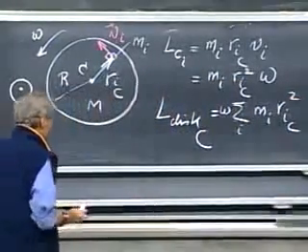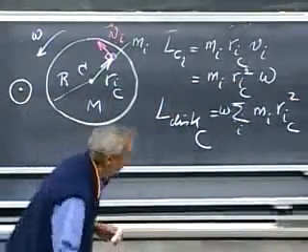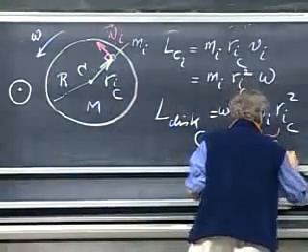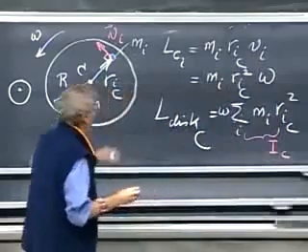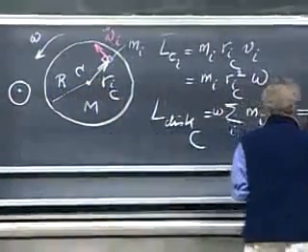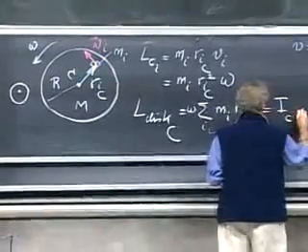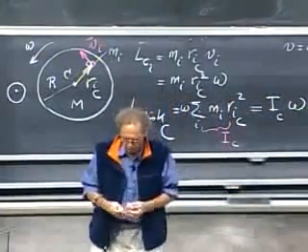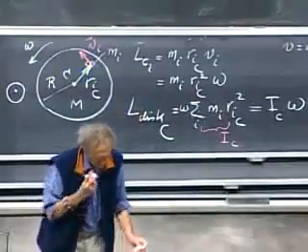And you see immediately, I hope, that this is the moment of inertia for a spin around the center of mass through that point C. And so I can write for this I of C times omega.